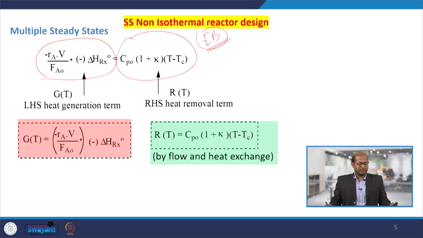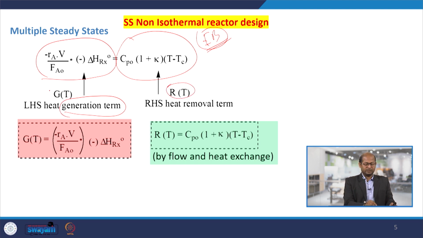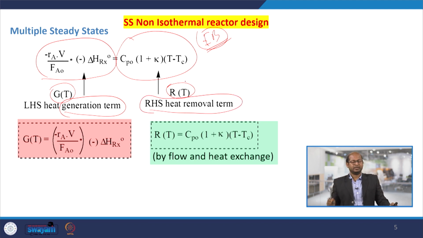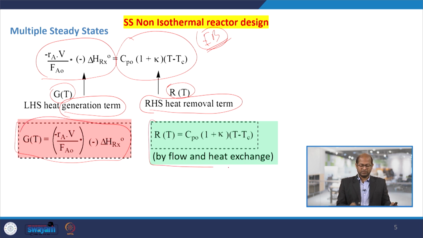The left hand side is called the heat generation term, and the right hand side is called the heat removal term. So we split the energy balance equation into two components: one is heat generation, the other is heat removal.